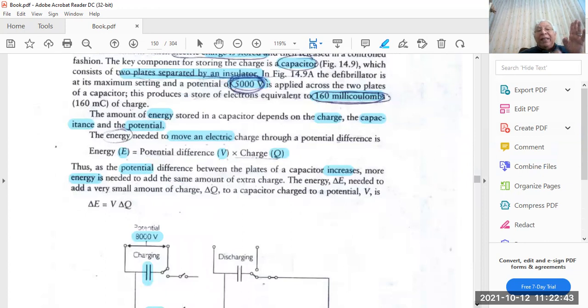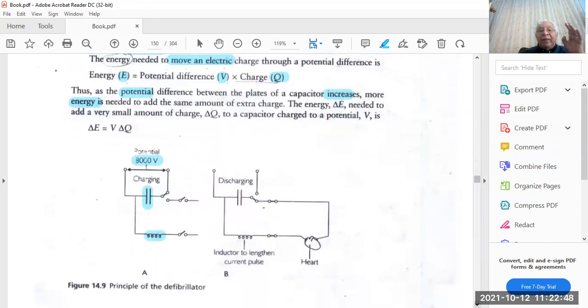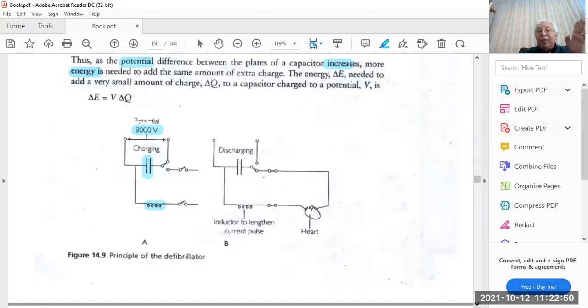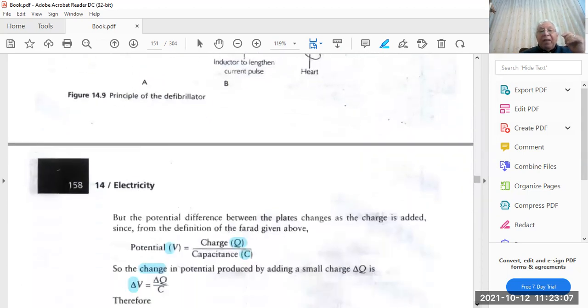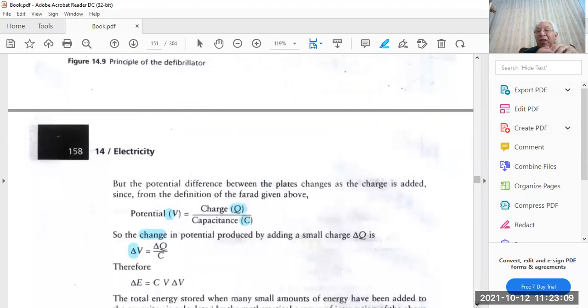Of course, when we see delta E, it means the difference. We can see the defibrillator in the figure when it is working, the switch is on or off, and the current passing to the heart. Of course, there are two plates, one on the sternum and one under the right clavicle. The end result, the potential equals Q over C, as we said before.